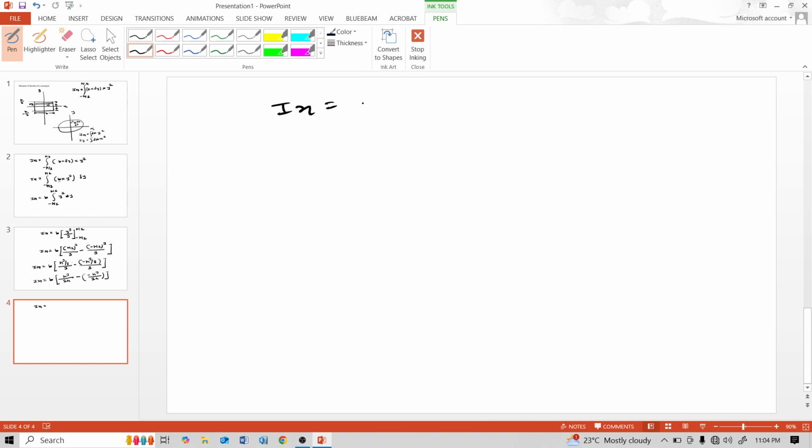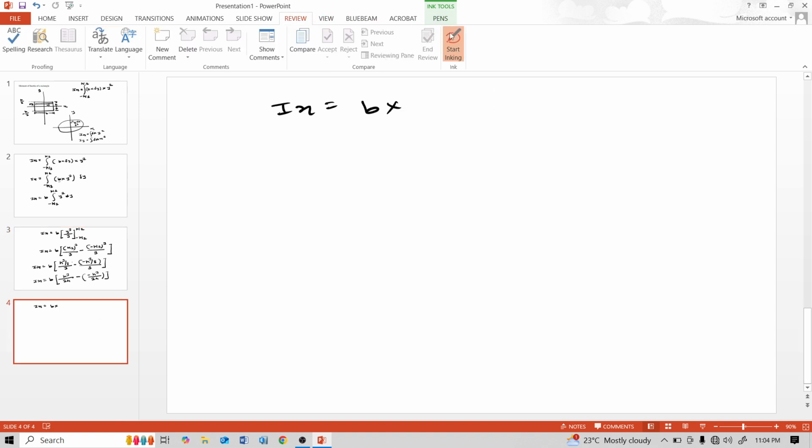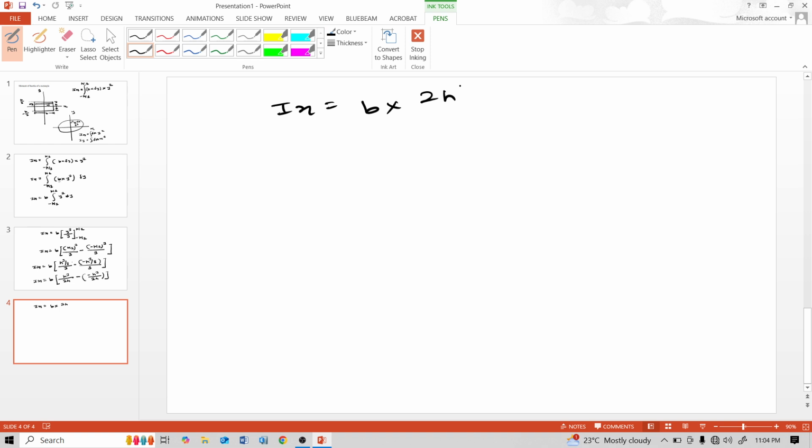Ix is equal to b multiplied by h cube by 24 plus h cube by 24, which is 2h cube by 24. That means the moment of inertia about the x-axis comes to b into h cube by 24, times 2.